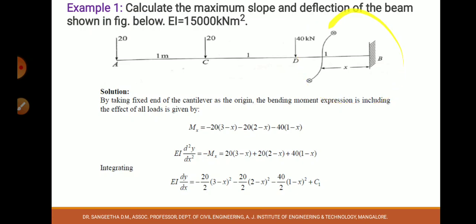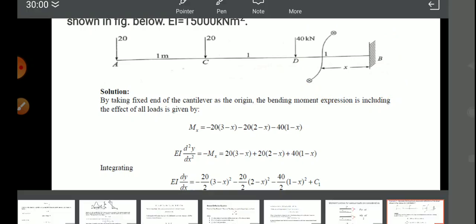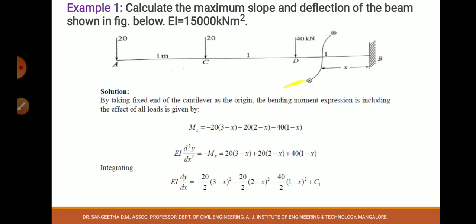And the third load is 40, anti-clockwise, so minus 40 into total distance 1, but I am taking moment about the section, so 40 into 1 minus x. I want particularly this distance. Got it?